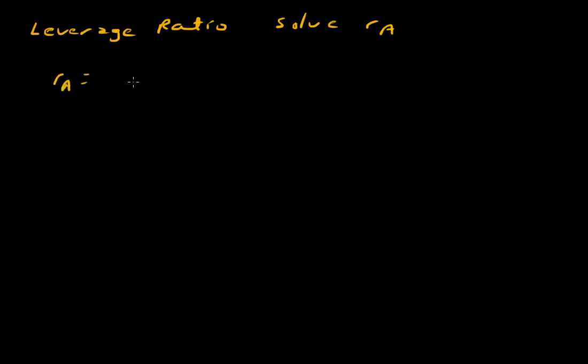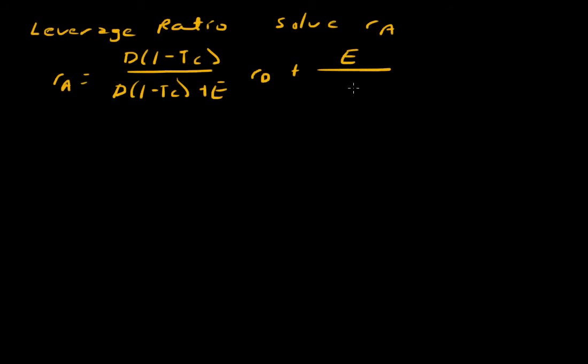So RA equals your debt tax affected, multiply that by RD, and then add a similar relationship for equity.